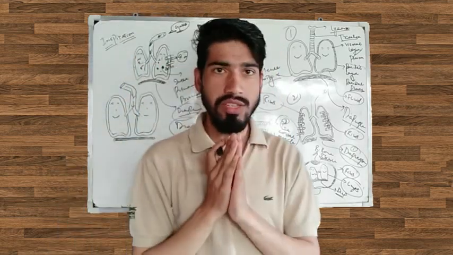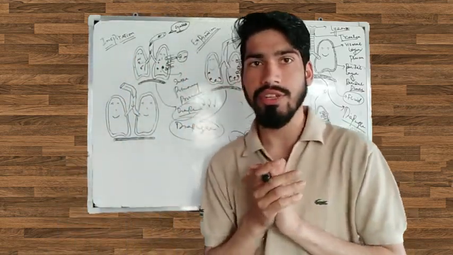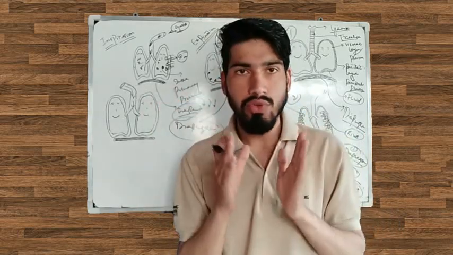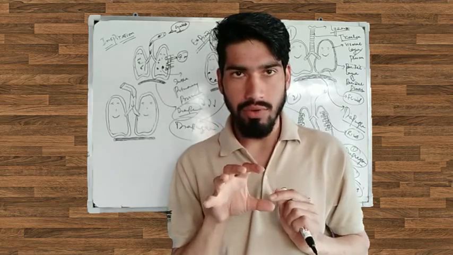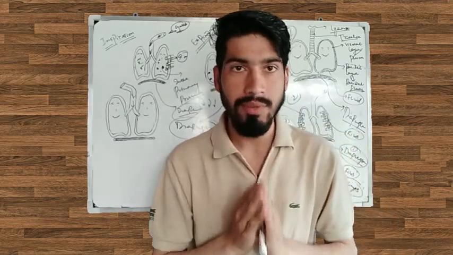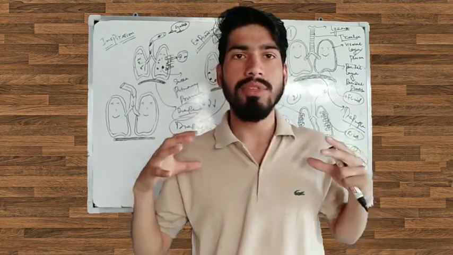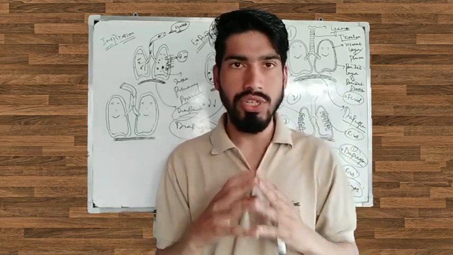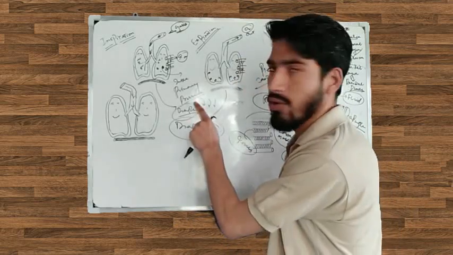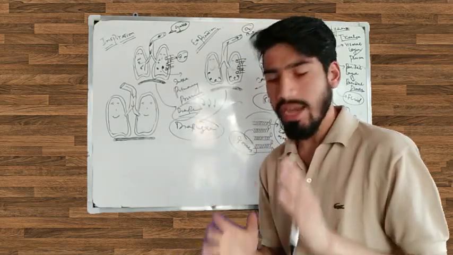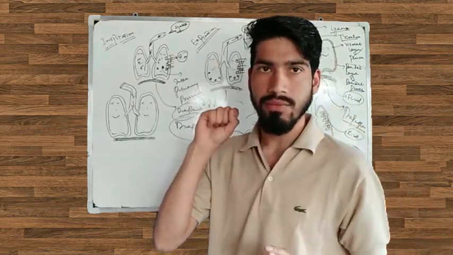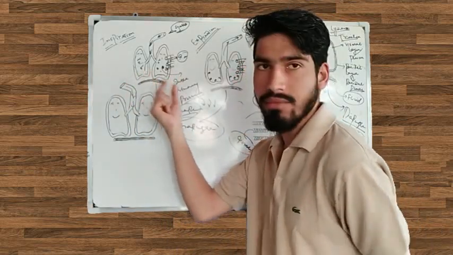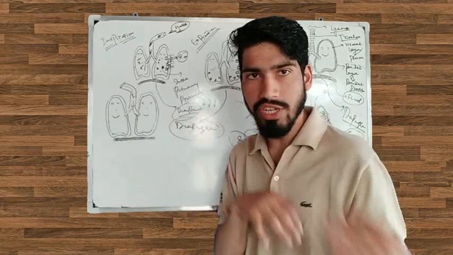So what is the role of the two muscles, the intercostal muscles and the diaphragm, in expiration? They come back to their original position. When they do, the pulmonary pressure increases and the gas goes out. In inspiration, the volume of the lungs increases and the pressure decreases.